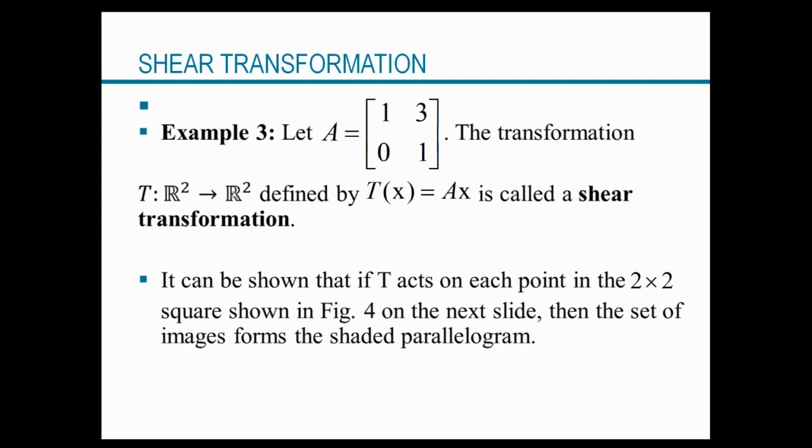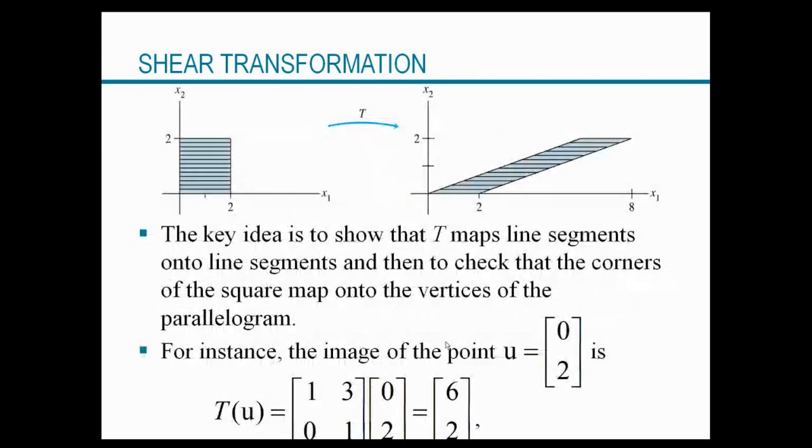Okay, and it can be shown that if the transformation acts on each point in the square in figure 4, then the set of images forms the shaded parallelogram. Let me show you that. So what they've done is the matrix is 1, 3, 0, 1.